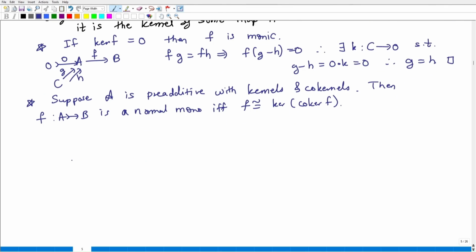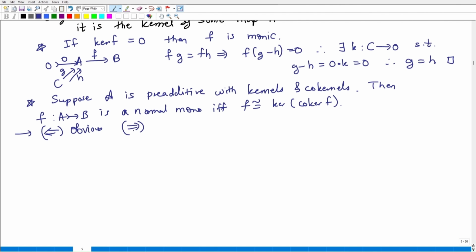So whenever it is a normal mono, then F is isomorphic to the kernel of its own co-kernel. We don't have to go finding it. One side is obvious. Which side? Backwards, because we already know F is isomorphic to this thing.